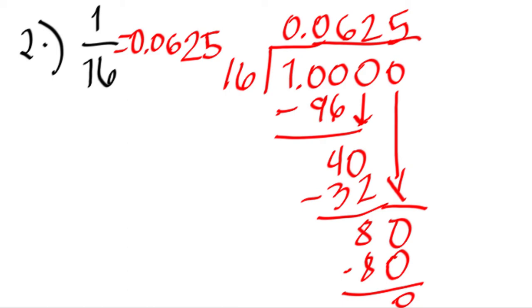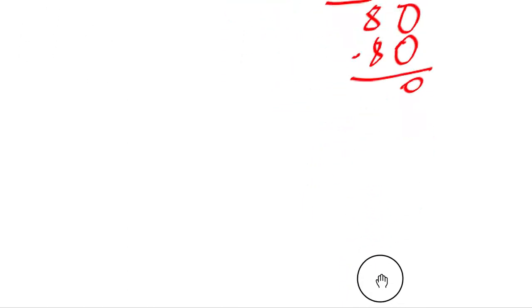Now let's have our last example for this video, number 3. Let's have it short. Let's have 5 over 7. Let's try that. Again, numerator, denominator, dividend, divisor.